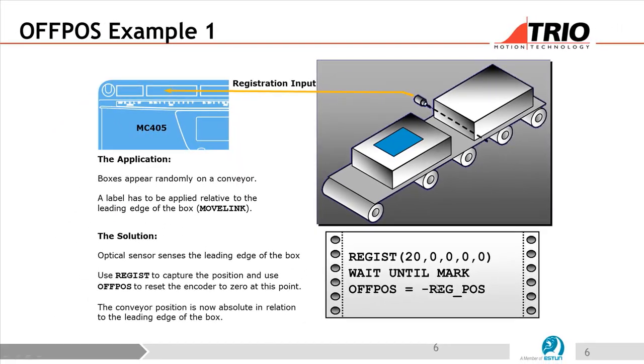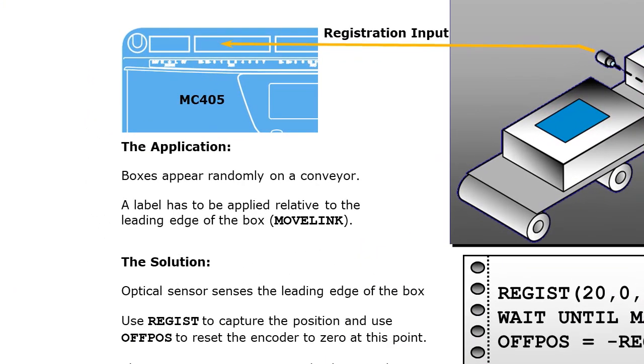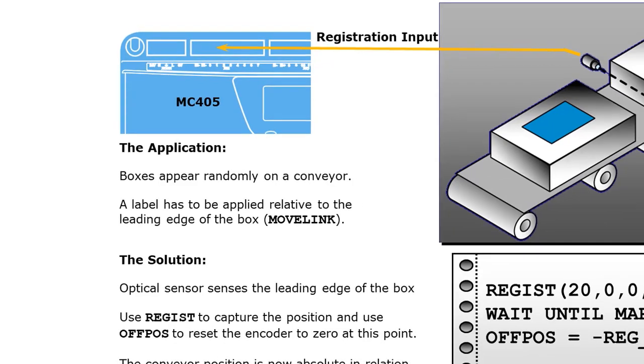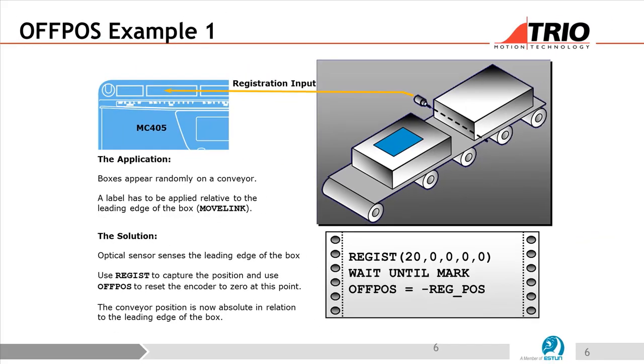So now we're saying, right, subtract 100 from 105, and it gives a position of 5, which is correct. It's moved 5 millimeters on from the 0 position. So whenever you see in a program OFFPOS = -REGPOS, it's setting the axis to 0 on the captured position. Yeah, and it does that every time.